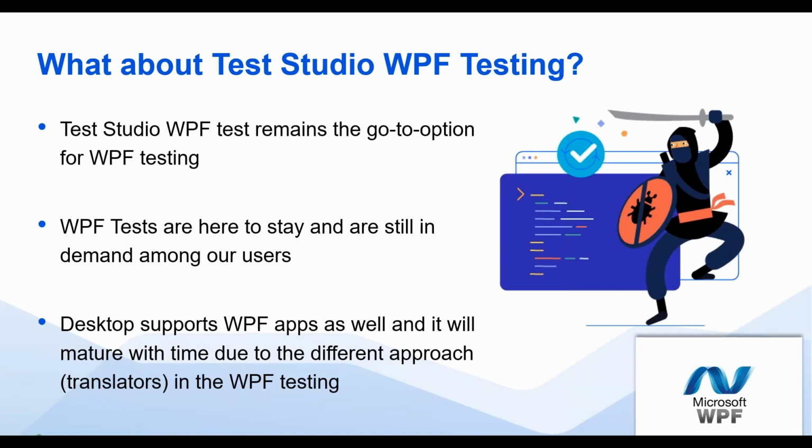So as an advice from myself or from the development team, if you want to continue testing your WPF applications with Test Studio, stick and continue with the WPF type of tests that you're going to use. If you want to try how it looks and feels with the new desktop testing, you can do it as well. And for those of you who are using Telerik UI components for WPF, you have those additional benefits of the translators, those little special extensions that recognize our own UI components and give you some cool features and benefits out of the box without the necessity for you to create them yourselves.